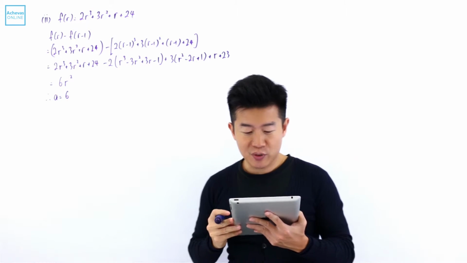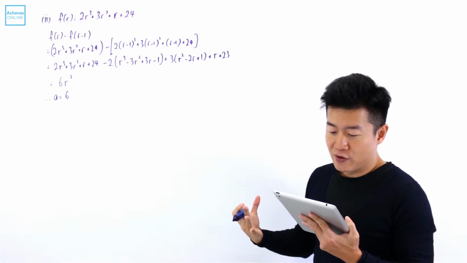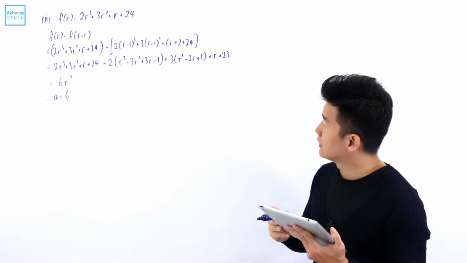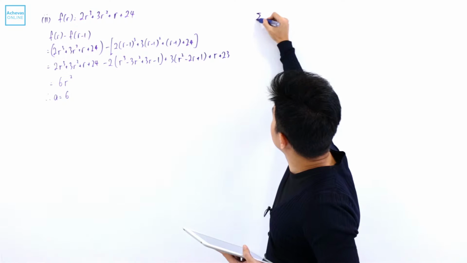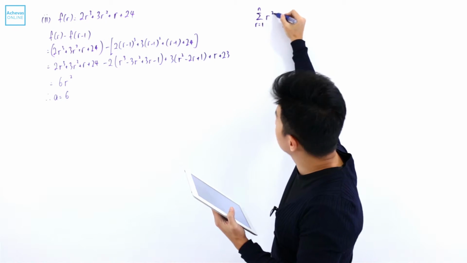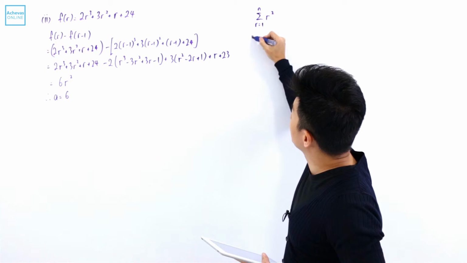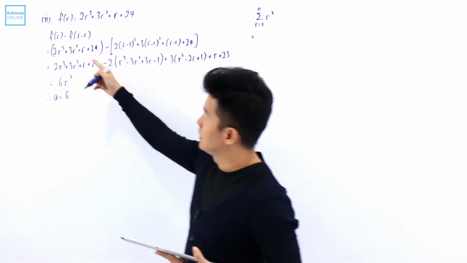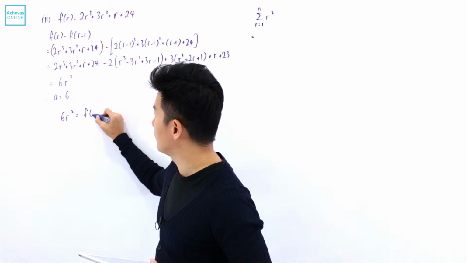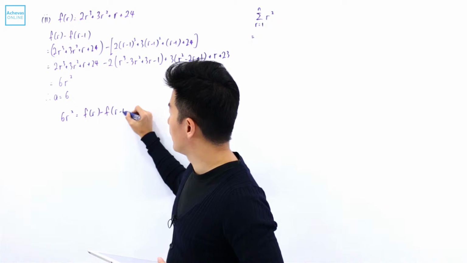With this result, I'm supposed to find a formula for the summation of r squared from r equals 1 to n. So what I want is the summation from 1 to n of r squared. In order to make use of the result that I have here, 6r squared is equal to f(r) minus f(r minus 1).